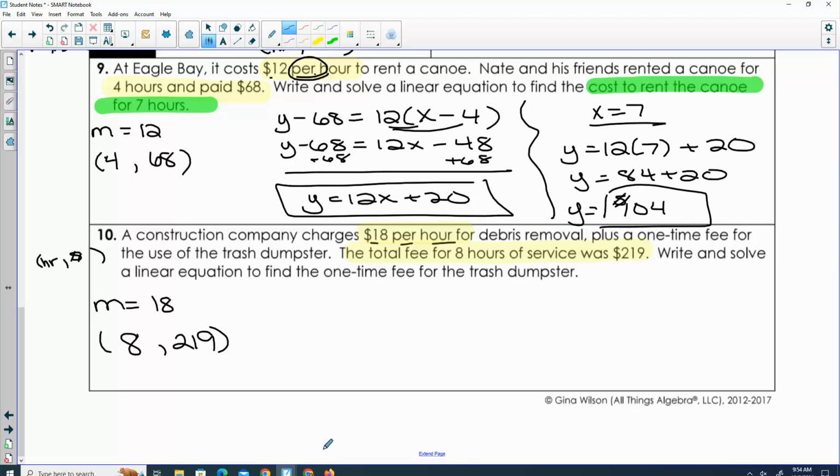So now we can write our equation. y minus y1 equals m times x minus x1. So y minus 219 equals 18x minus 144.